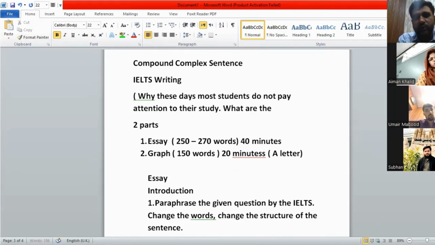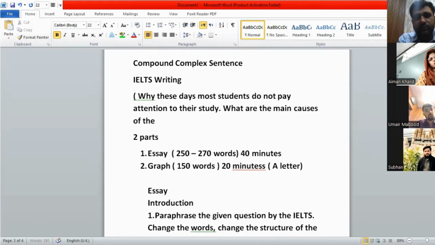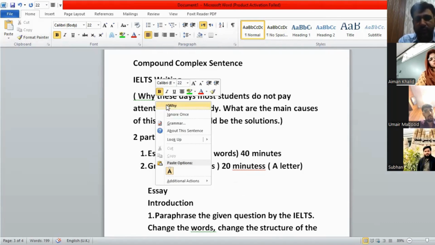What are the main causes of this? And what would be the solution? Clear?